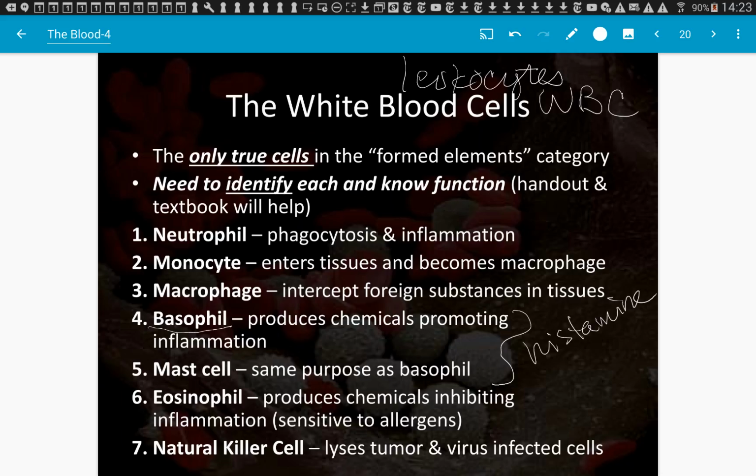Then we have what's called an eosinophil, and these are also involved with allergies, but notice they inhibit inflammation. In addition, eosinophils are more special white blood cells, more often triggered and functioning in the presence of parasites. The last one is my favorite, the natural killer cell.